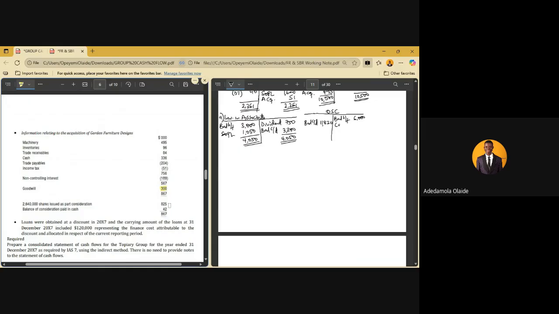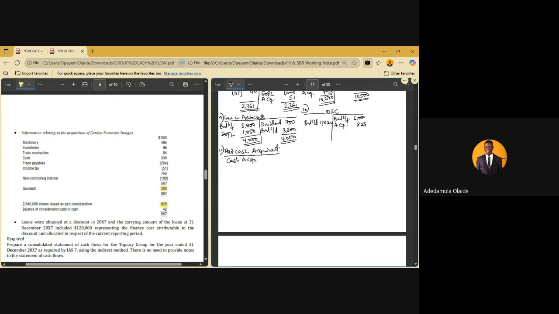On the acquisition, they issued shares as part of the consideration, 825. So we'll have acquired. But if that's the only one, we did not calculate net cash acquired. So what's the net cash acquired?